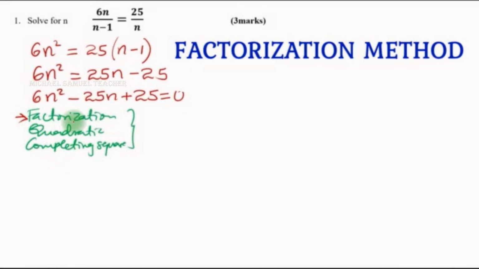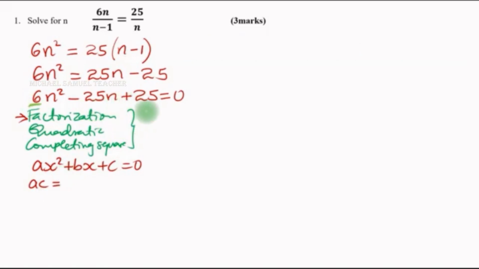In our case, we have to write the equation. Already it is in this form. So we need to get the product AC. In our case, A is 6 and C is 25. So if you multiply 6 times 25, you get 150.